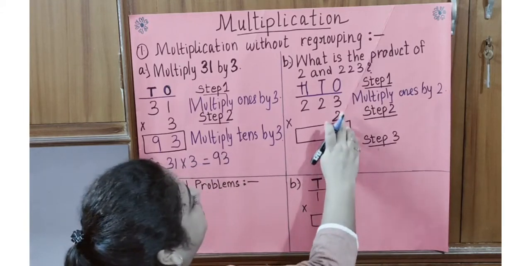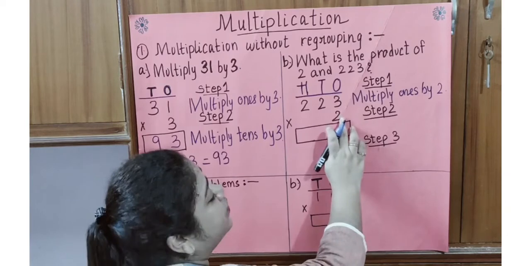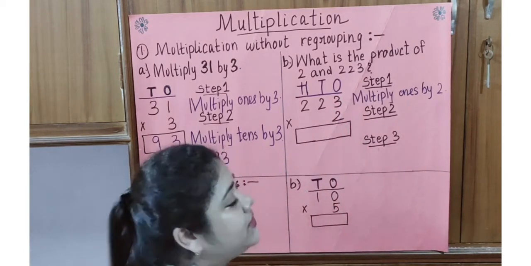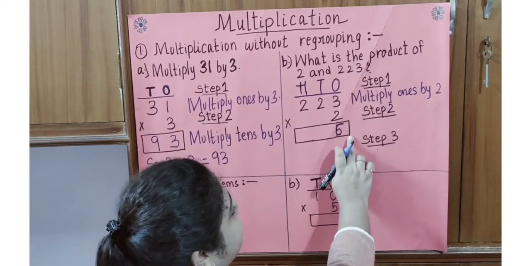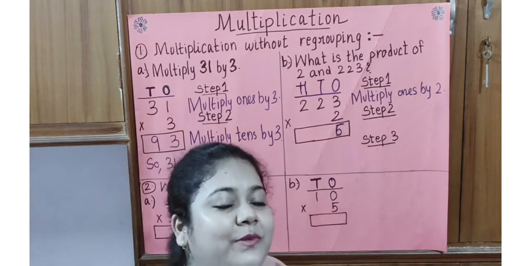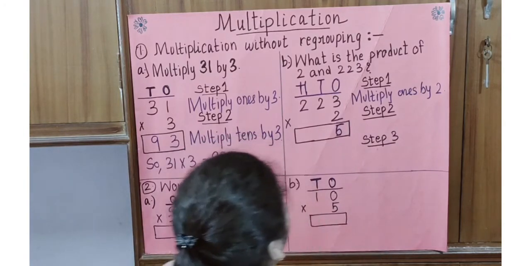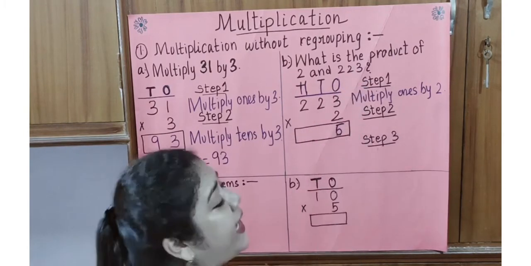So when we multiply this, we get 3 ones into 2. 3 twos are 6. You have also learned about multiplication facts of 2. That is going to help you to multiply. Right, children? So we are done with ones place.